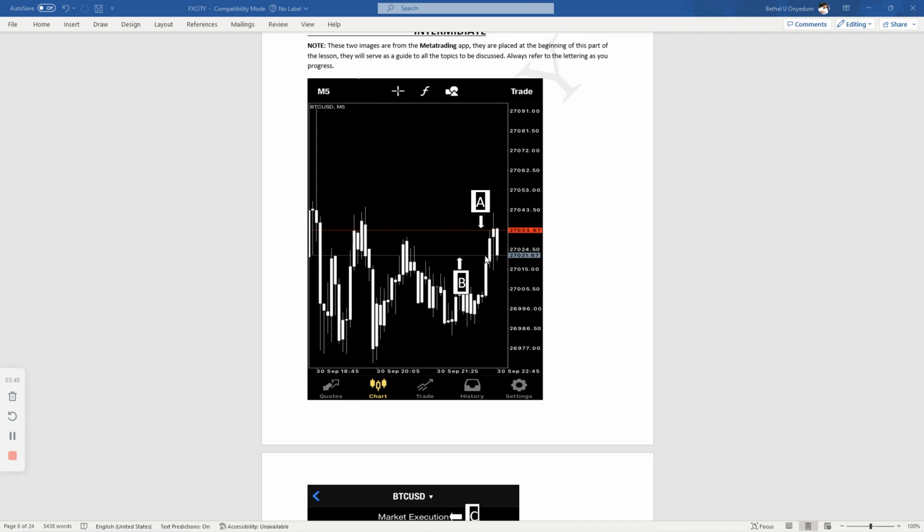So what's this A and B? Bid and offer. What this actually means is, let's say you want to buy Bitcoin. This is BTC USD. If you want to buy Bitcoin at market price, this bid here is the current market price.